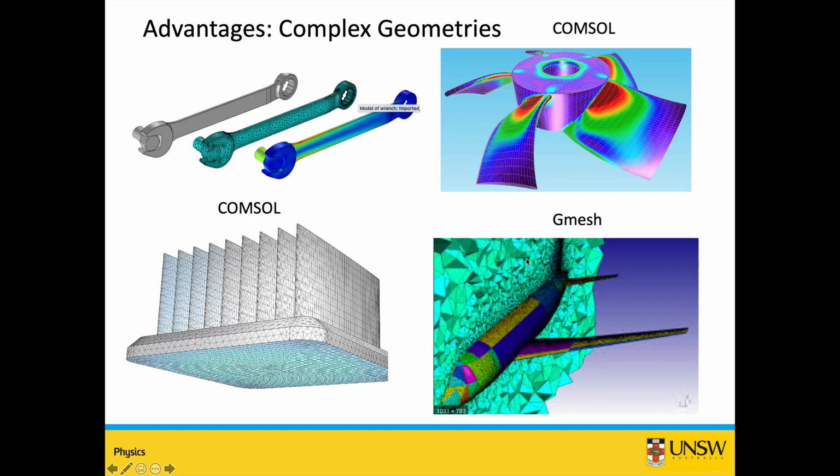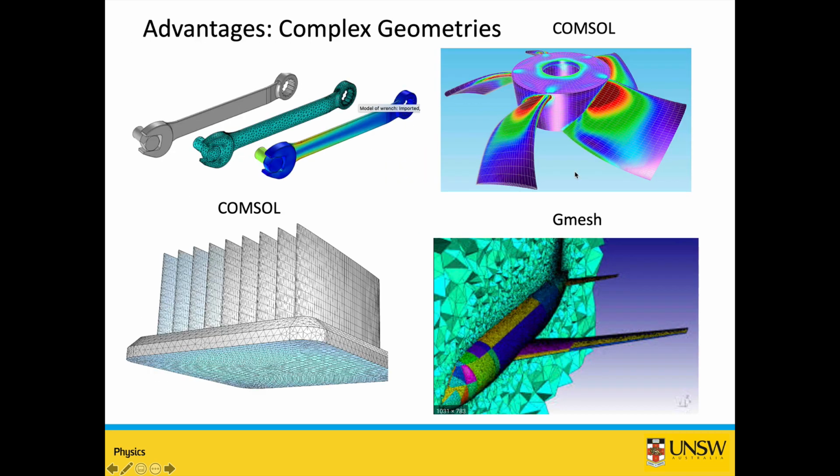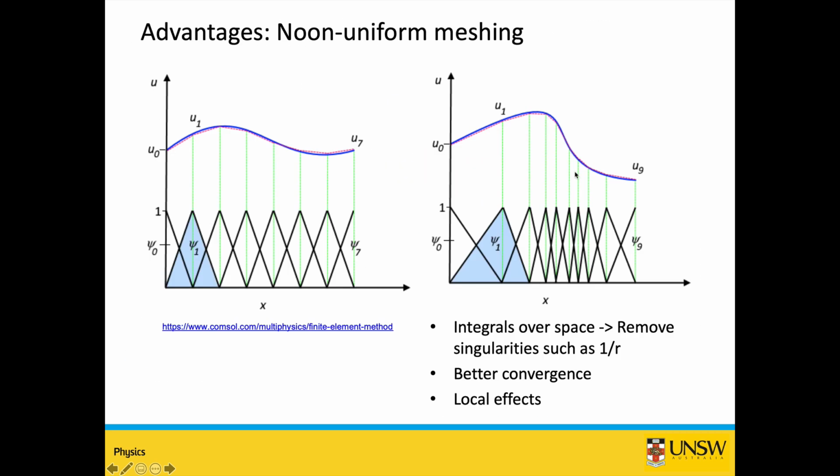And notice that you are not actually using the values of the functions at the nodes, but you are integrating them over space, over each element, basically. This actually helps if you have some singularities, for example, a Coulomb charge or something similar, like the 1/r charge which blows up at r equal to 0.